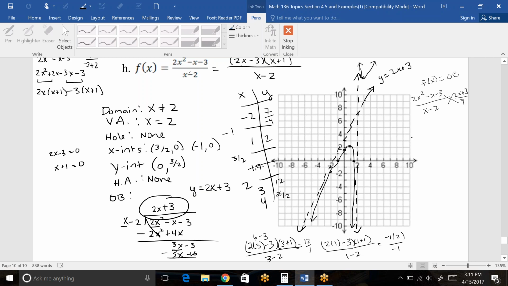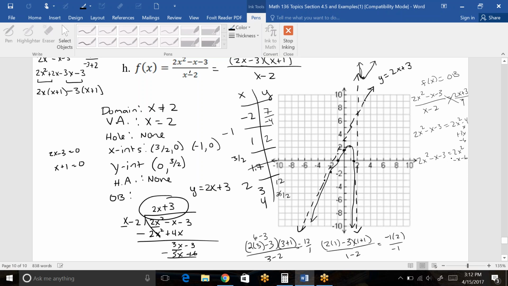If we cross multiply this, this is 2x squared minus x minus 3 equals, and then I would FOIL that out. That would be 2x squared minus 4x plus 3x minus 6.